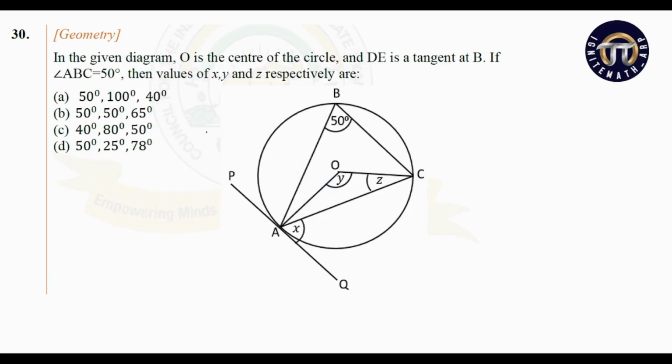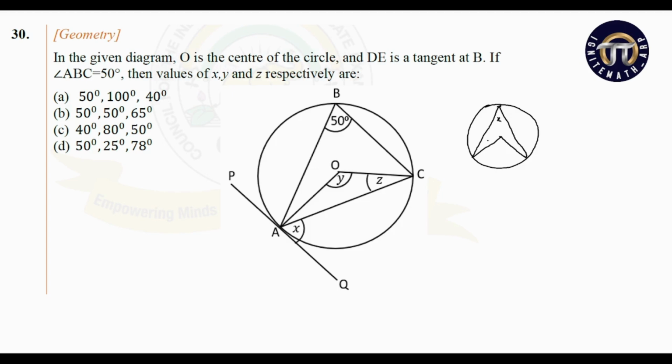Here they have given that DE is a tangent. It's supposed to be PQ is a tangent. If angle ABC is equal to 50 degree, then the values of X, Y, Z are respectively. You need to understand, children, whenever you have a circle like this and this is the center, the angle subtended at the center is twice the angle subtended by the same arc in the same segment.